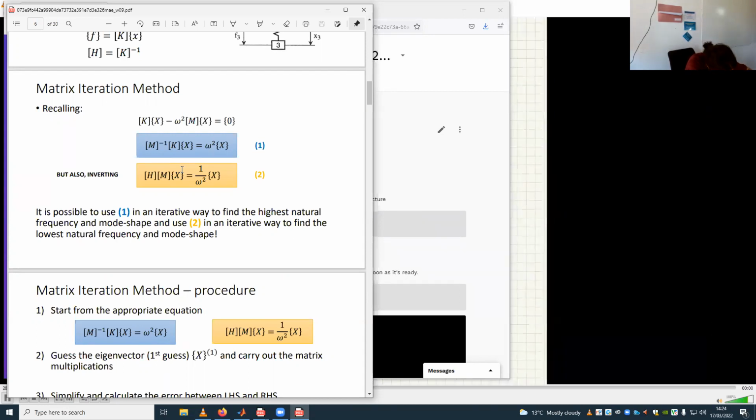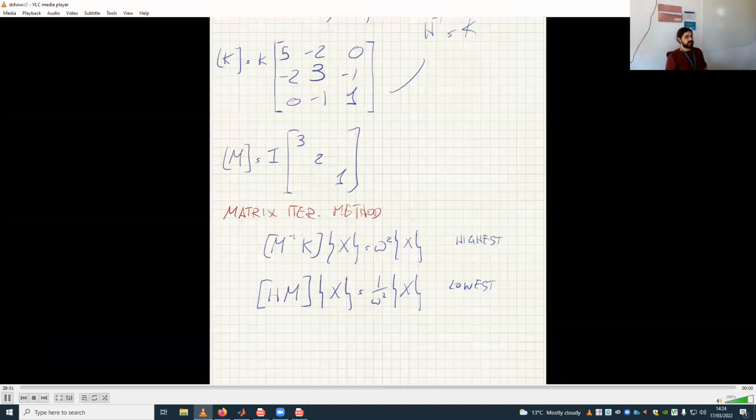And the other way around is K inverse, which is H, times M times x equals the inverse of omega, which is 1 over omega squared, times x. This is the lowest. Okay, I have them here now. So we start from the lowest.